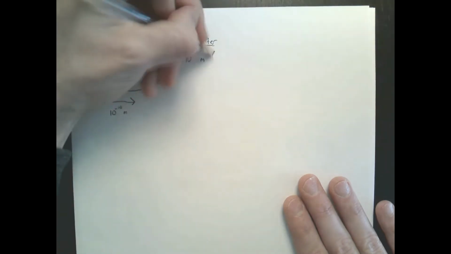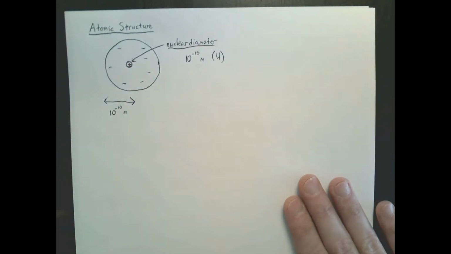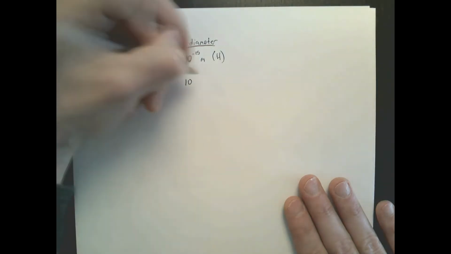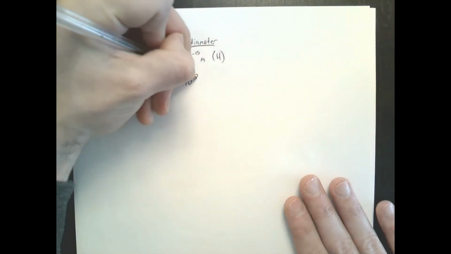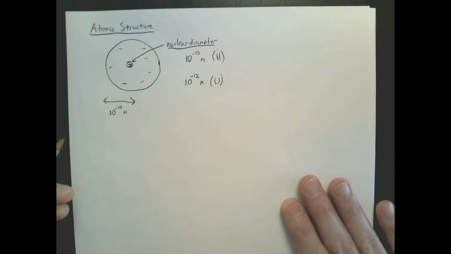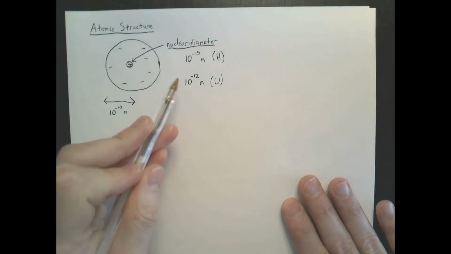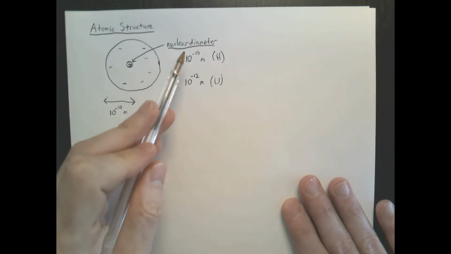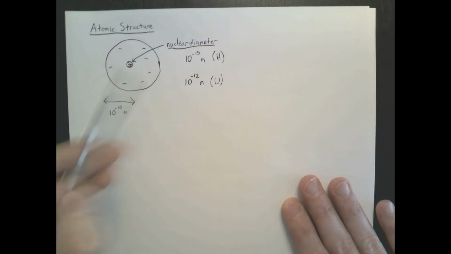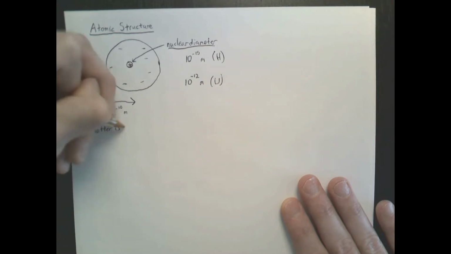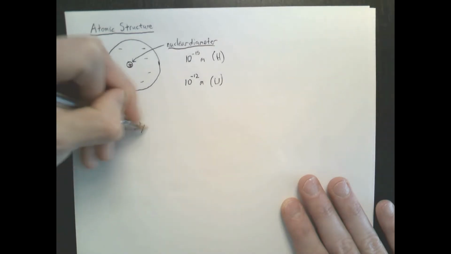And even when you get to much larger elements like uranium, it's still much smaller than the electron cloud, at 10 to the minus 12 meters. And so what we end up with is the nucleus itself is anywhere from 100 to 100,000 times smaller than the electron cloud. And we get this sort of almost disturbing idea that matter is mostly empty space.